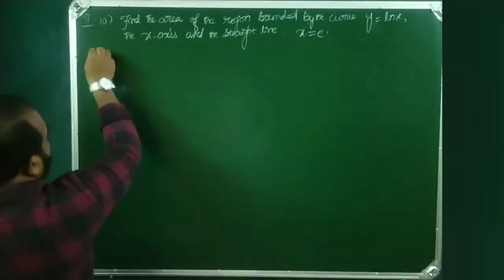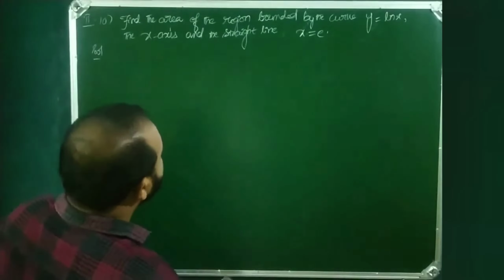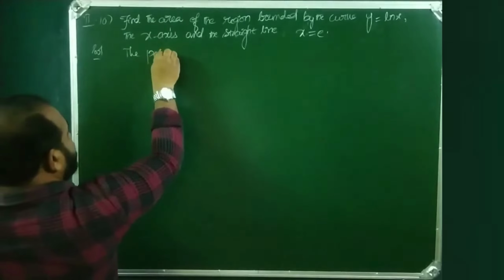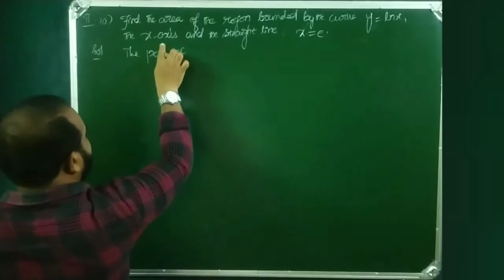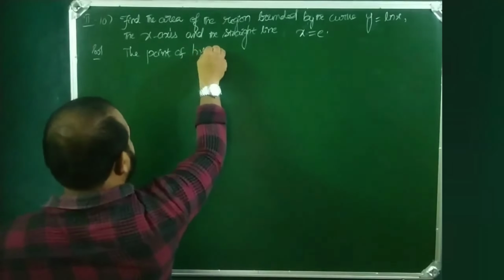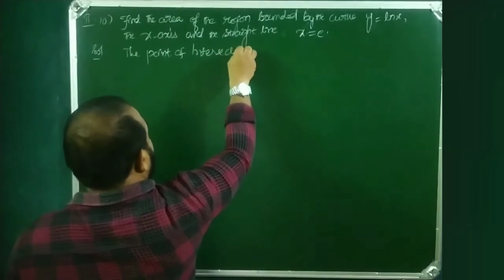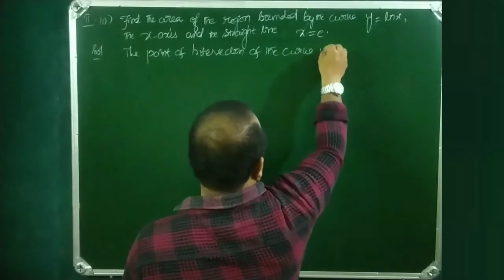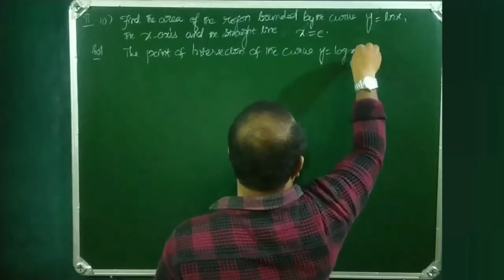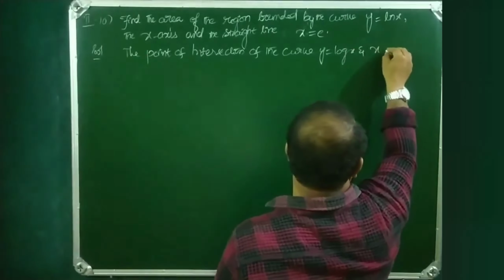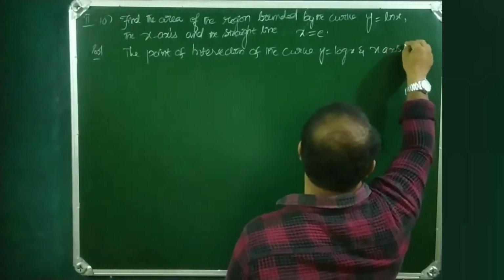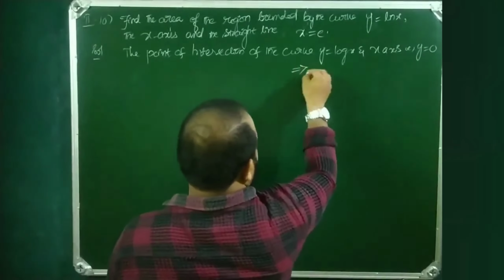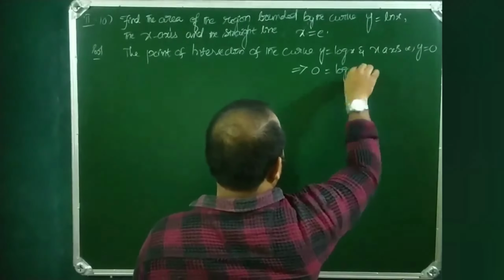That's why the point of intersection of the curve y equals log x and the x-axis. The x-axis means y equals 0. So substitute y equals 0, 0 equals log x.